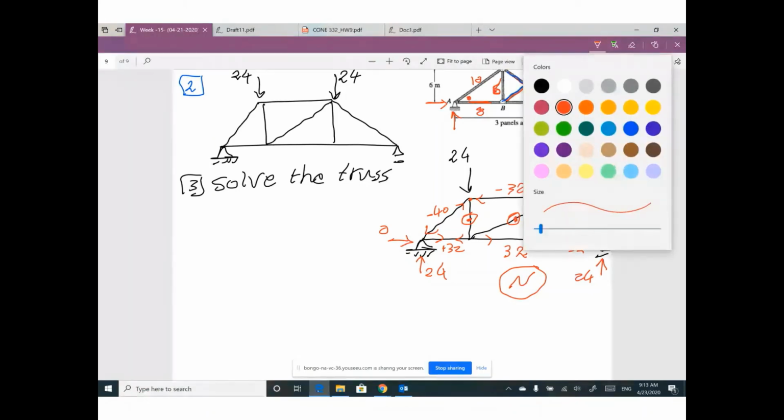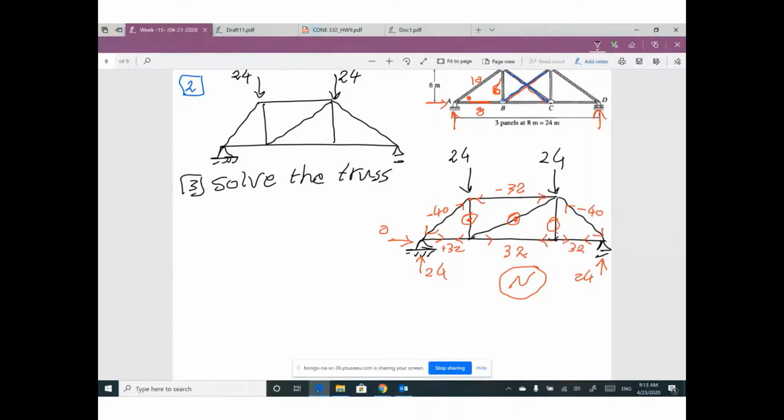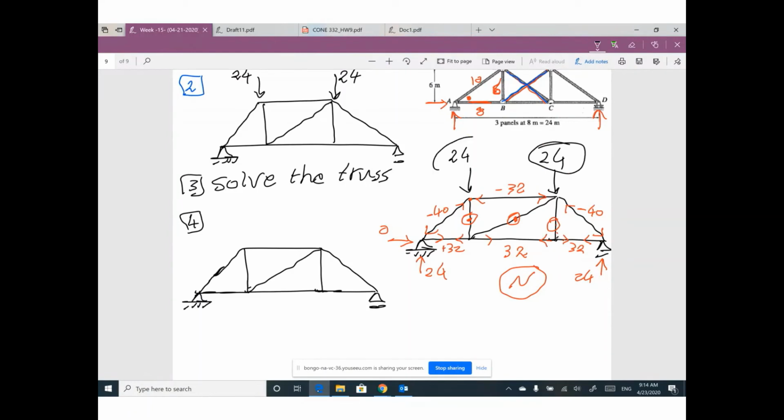Fourth step, remove any external forces and put the extra unknown that you removed equal to unit. Here is the truss after you removed the extra unknown. And I removed the external forces, 24 and 24.